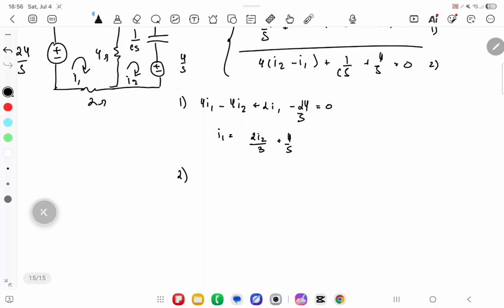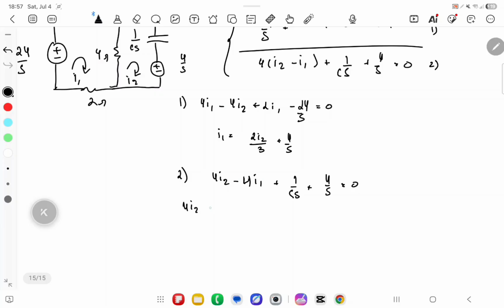So now that I know what I1 is equal to, I can solve this second equation and find what I2 is equal to. So I2, 4I2 minus 4I1 plus 1 over CS plus 4S is equal to 0.